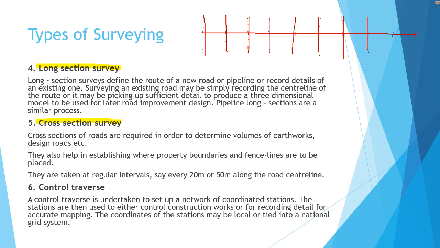Another type, you have the control traverse over here. Simply, you will build a network. You have a map, and then you will need to find some points. You have to determine the exact position of the points here on the Earth's surface. And once you know the position of this point, you can use this as the reference point, for example, to build a house.